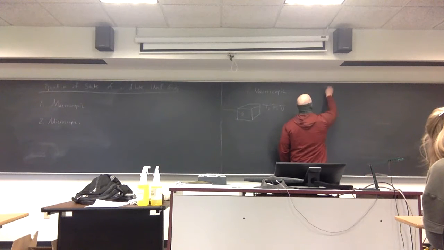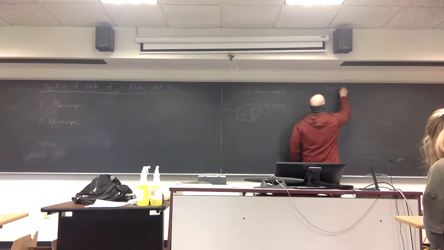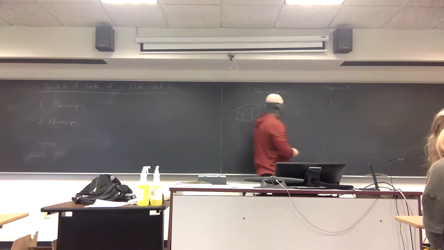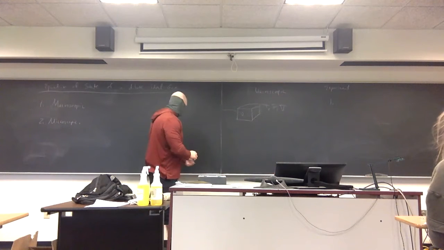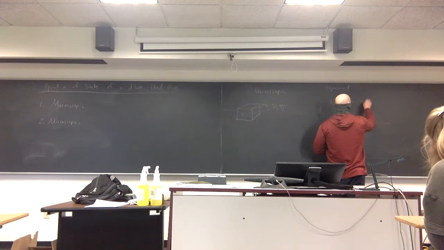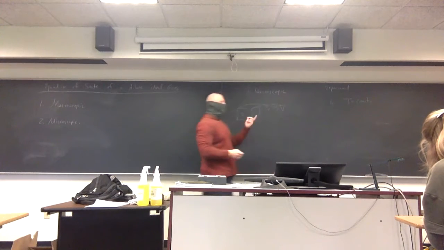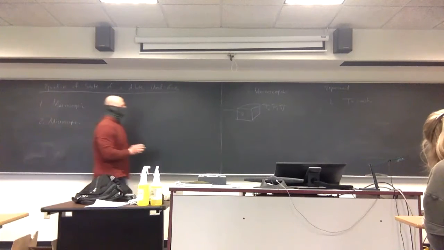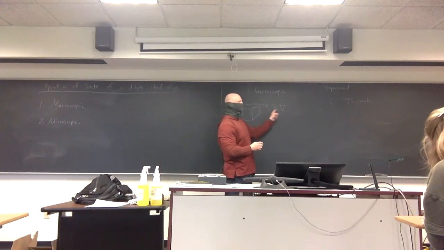For experiment number one, we're going to hold the temperature equal to a constant, and we want to play with the pressure and the volume. So we're holding this one constant and we'll see what happens with these two.